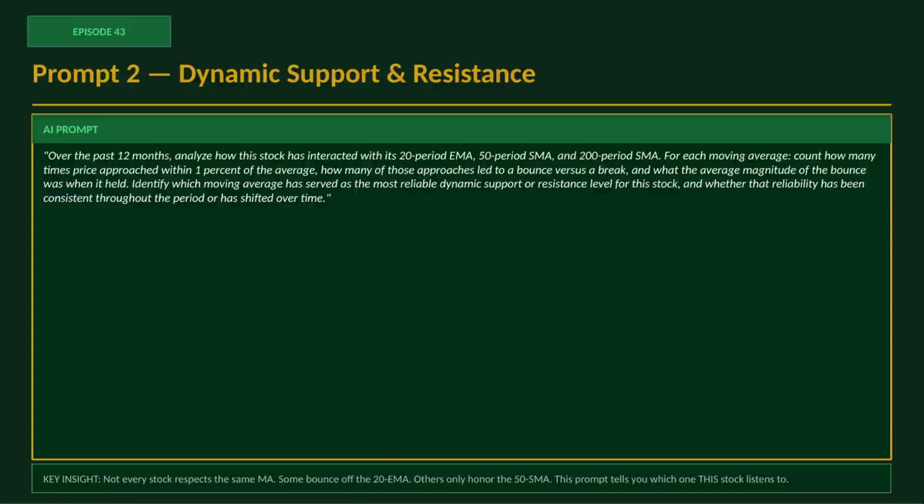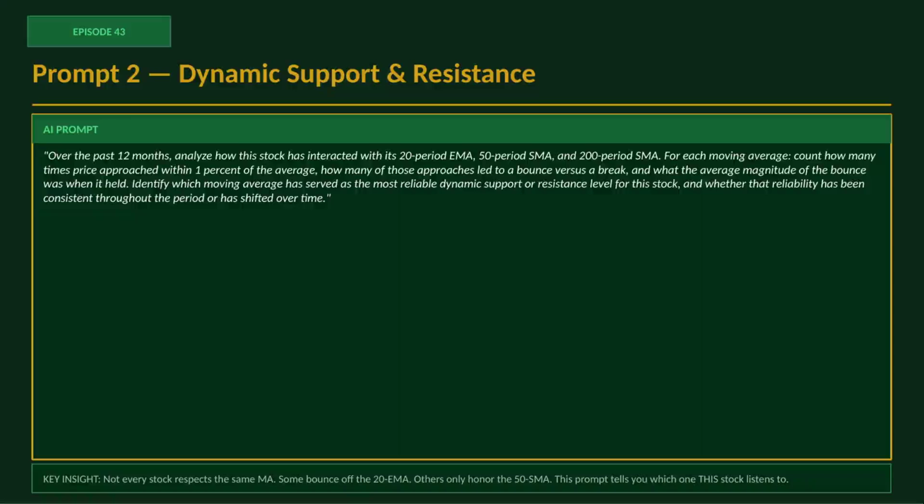Use this prompt. Over the past 12 months, analyze how this stock has interacted with its 20-period EMA, 50-period SMA, and 200-period SMA. For each moving average, count how many times price approached within 1% of the average.